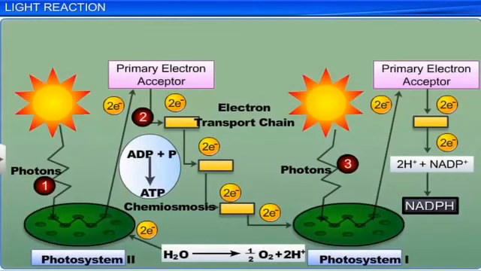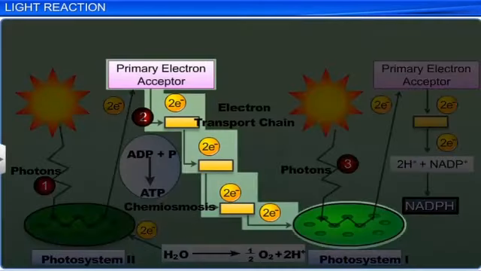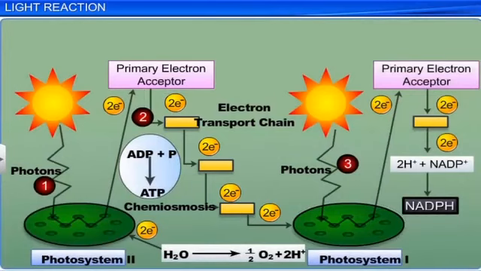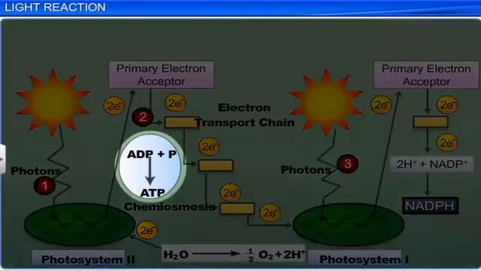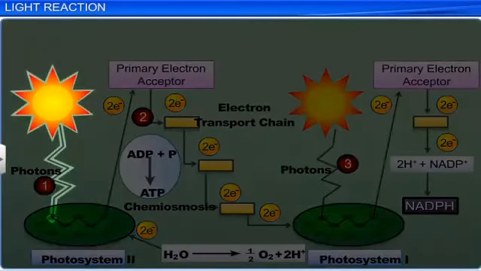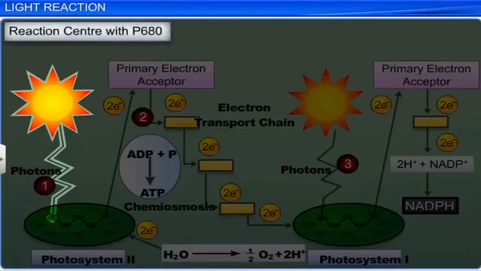The excited electrons do not pass on to NADP+, but are cycled back to the PS1 complex through the electron transport system. This cyclic flow results in the synthesis of ATP only. Cyclic photophosphorylation also occurs when only light of wavelengths beyond 680 nm are available for excitation.